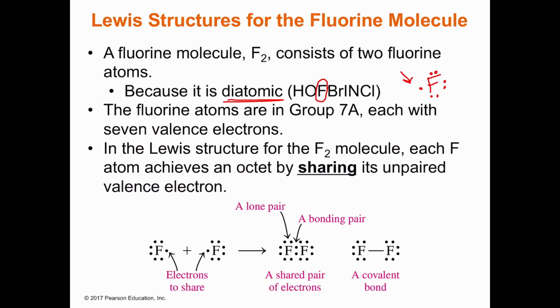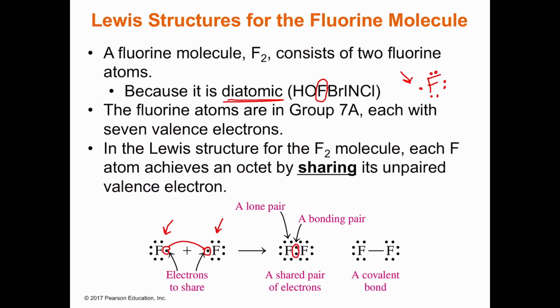So here's one fluorine, and here's another fluorine, right? So if they were by themselves, and instead of being by themselves, they can share these electrons. And when they share these electrons, they form a bond, right? And so these are the electrons that are being shared.